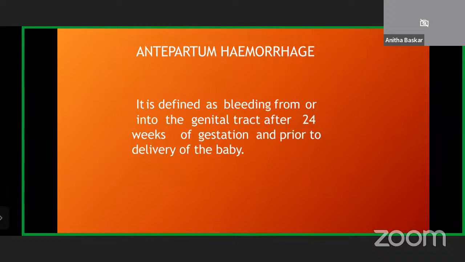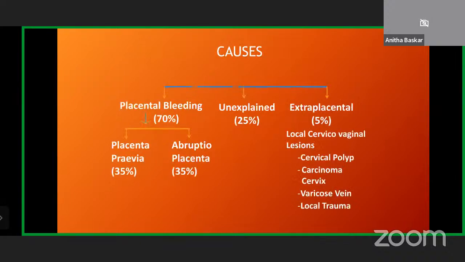We already know what is meant by APH, antepartum hemorrhage. It is defined as bleeding from or into the genital tract after 24 weeks of gestation and prior to the delivery of the baby. The causes of APH can be classified as placental bleeding, unexplained, and extraplacental.